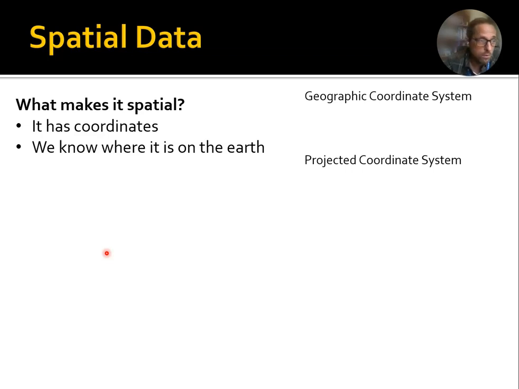Well, basically we know it has to do with space, and we know where it exists on the surface of the Earth. Now, we could be mapping the moon or Mars, so not on the Earth, but whatever planetary body you're evaluating, you need to know where things are. That's what makes it spatial. If you don't know where it is, it's not considered spatial.